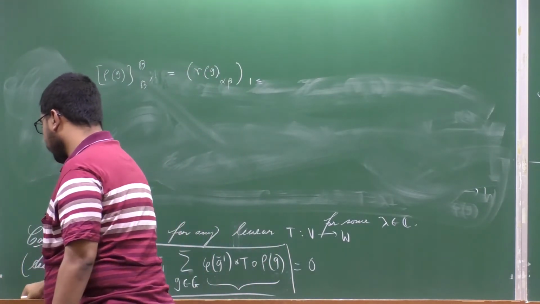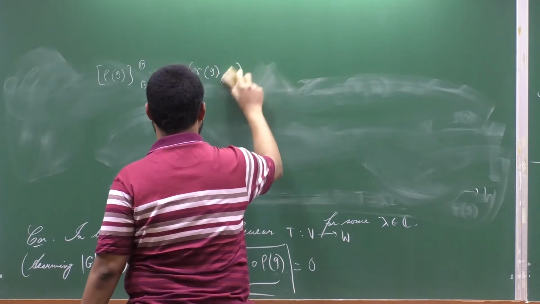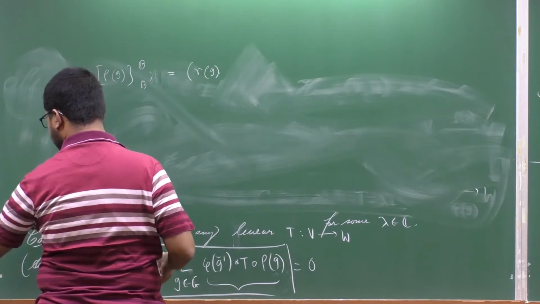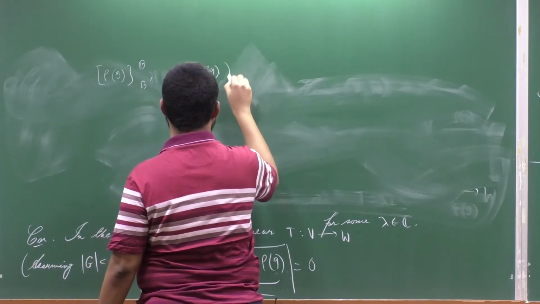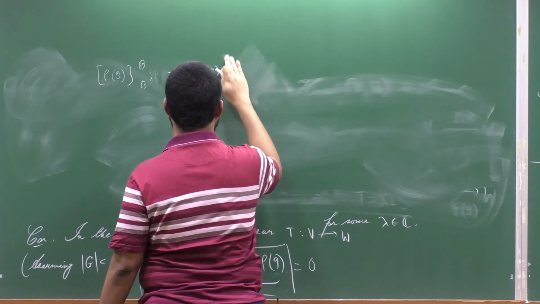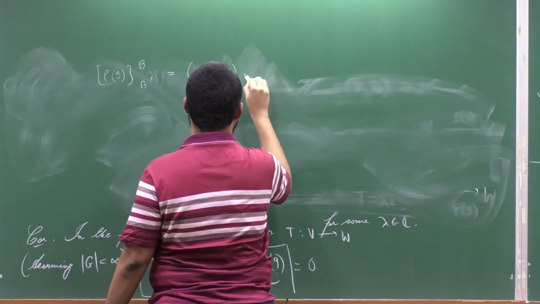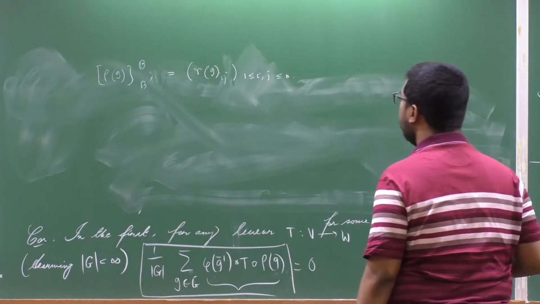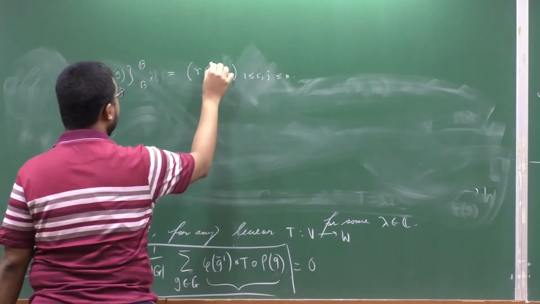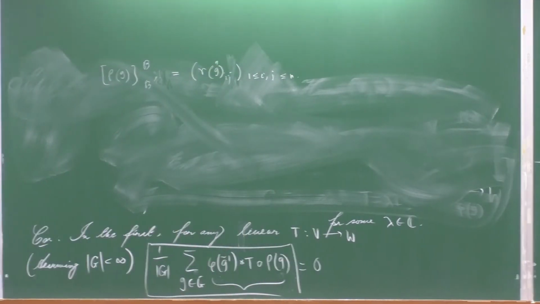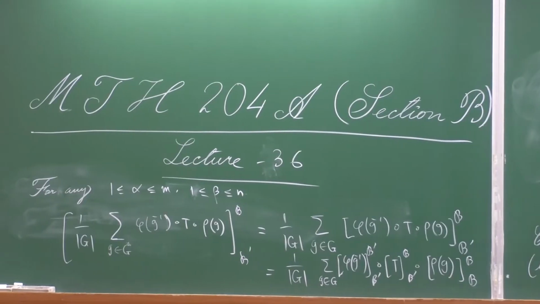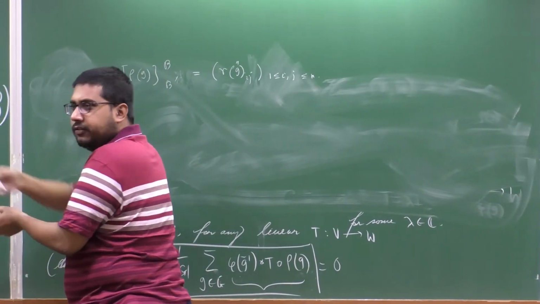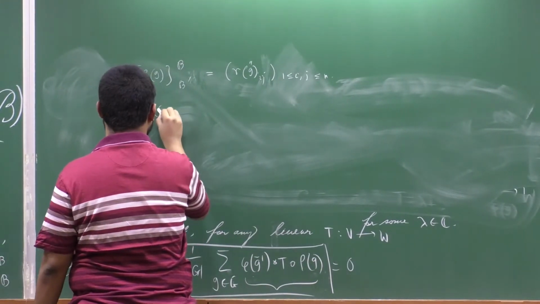So this is going to be an n by n matrix, with entries R_ij, where i and j both index this matrix. The reason for writing g here is that for each g we will have a different matrix. The ordered bases are the same, but the matrix will be different. The coefficients will depend upon g, so you can regard the coefficients as functions of g.